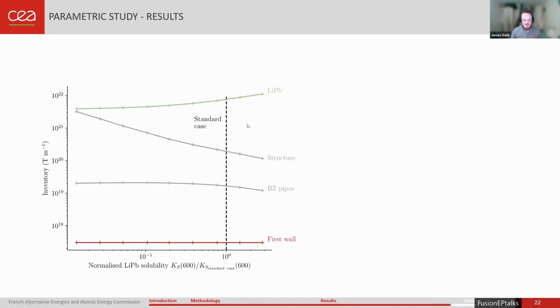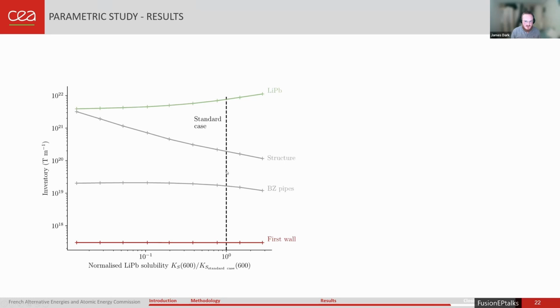This might be a bit confusing, but basically what this graph is showing is that as the solubility of hydrogen in lithium lead is increased, we see a much lower level of tritium in our structure. As we increase the solubility, the hydrogen is more keen to stay in the lithium lead where it's being produced, and less likely to diffuse over to our Eurofer structure. And so we see this massive decline.